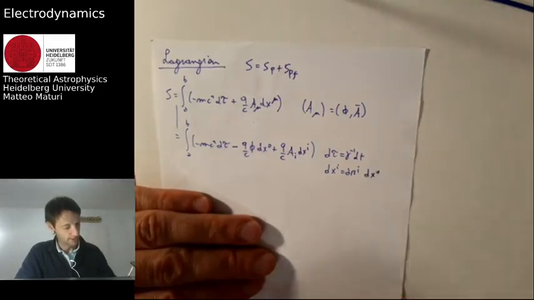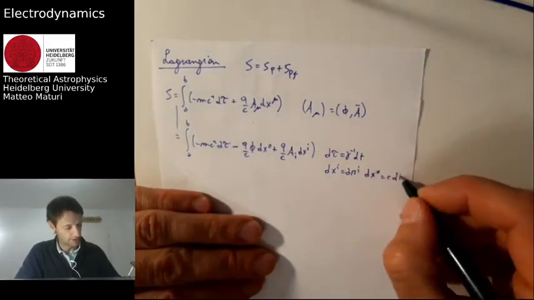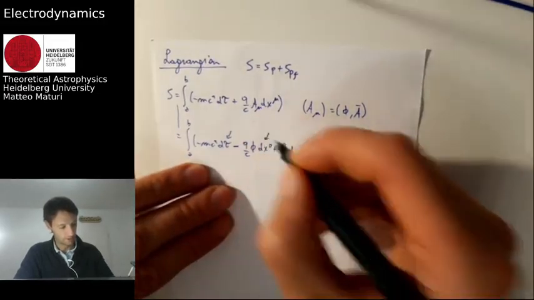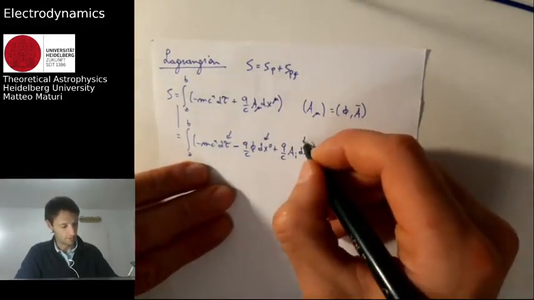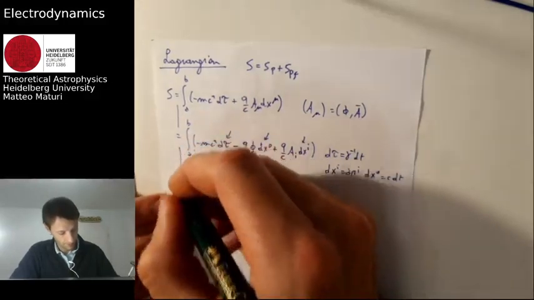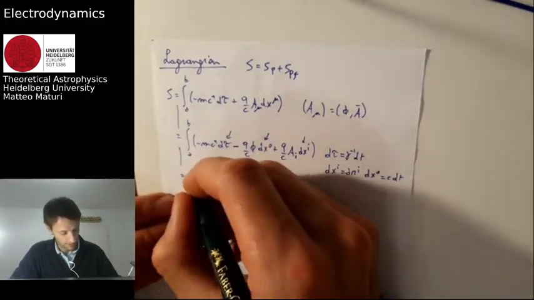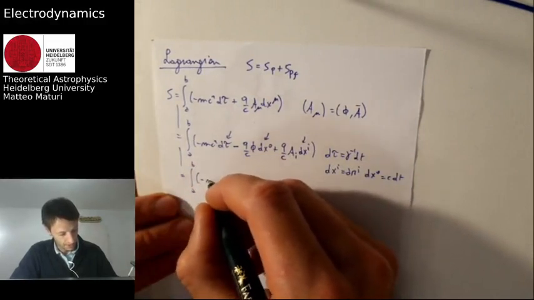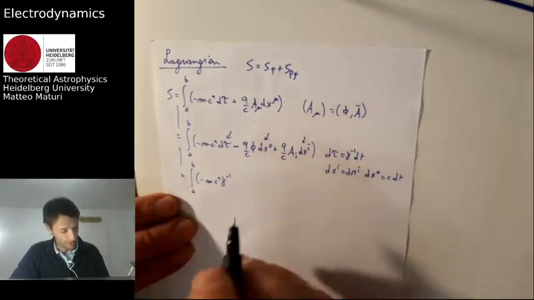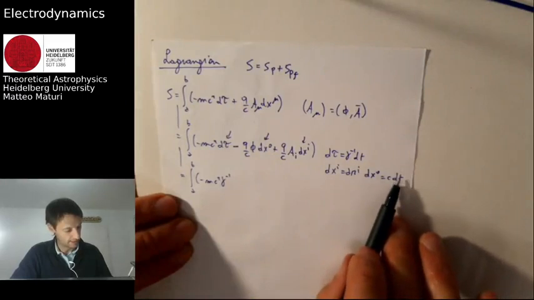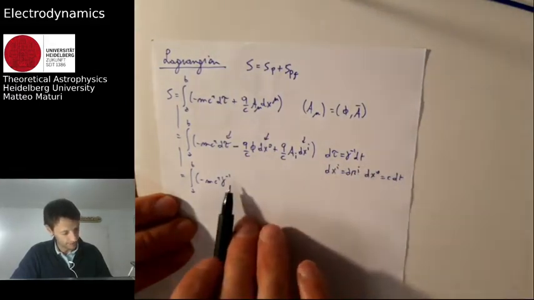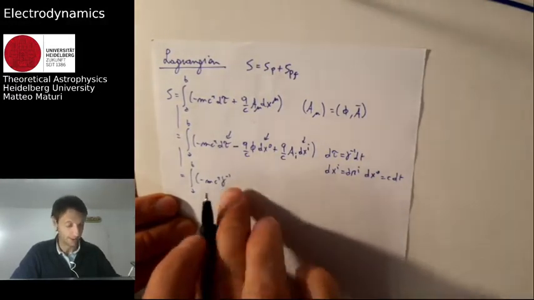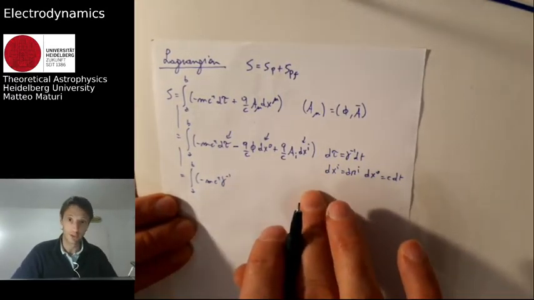Then we have the x0, which is equal to c dt. And then we plug it here, we plug it here, and we plug it here. What we get is the integral between a and b of minus mc squared, 1 over gamma minus 1. Now I'm extracting delta t. You see, I will put delta t, and then I extract it outside the parentheses.